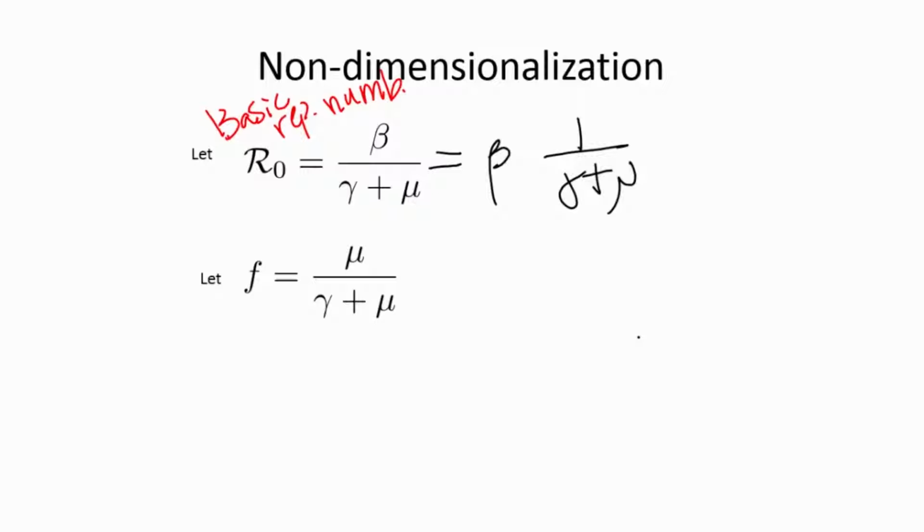Okay, and so what I want to emphasize now is what are the units? Beta has units of 1 over time, and the infectious period has units of time. So that means that the units of R0 cancel. Why is this true?